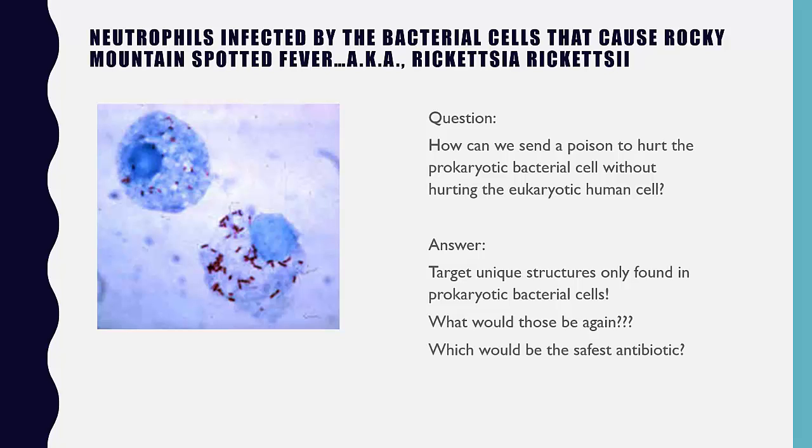Which would be the safest antibiotic? Well, an antibiotic that attaches to something very unique in the bacteria. Our cells have ribosomes, and by the way, they're in our mitochondria. We even have 70S ribosomes. I know it's weird. If you want to know about it, email me.